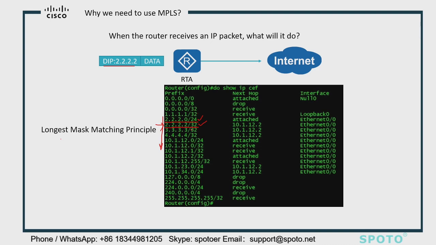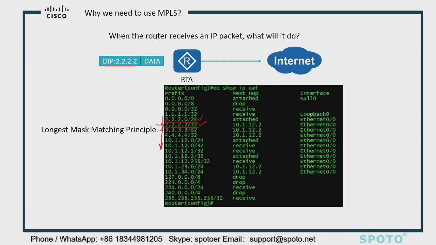This is called the longest mask matching principle. We need to know this. If the router doesn't have very strong performance, it will affect the forwarding speed of the IP packet.